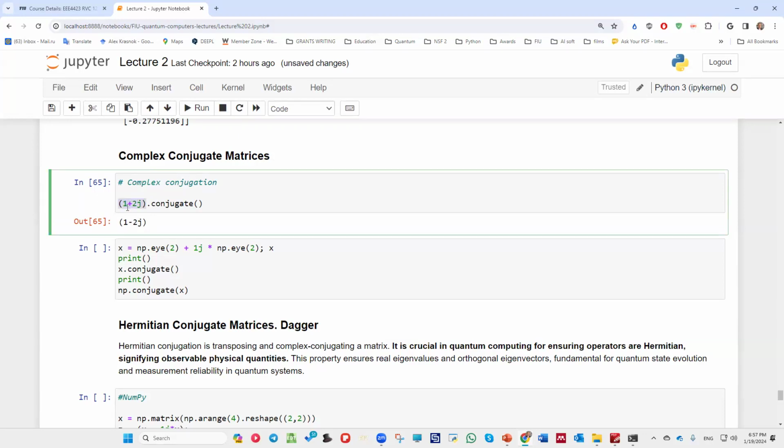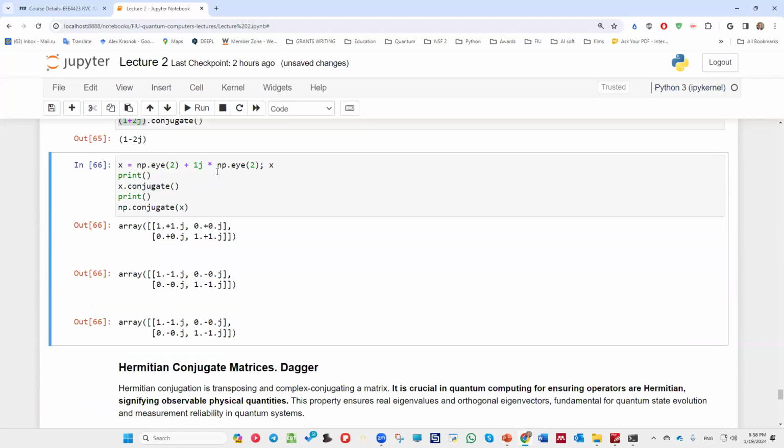So it was plus, now it's minus. So complex conjugation changes the sign of the imaginary part of a complex number. The same works for matrices. For example, here I generate a 2 by 2 matrix with complex numbers. Okay, so all these numbers are complex.